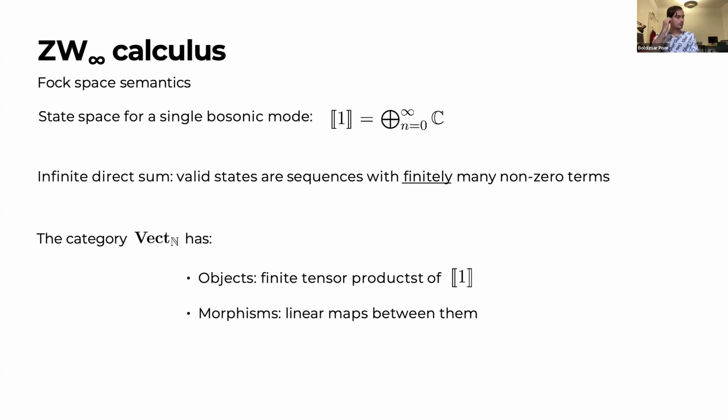An important restriction we have is that when we are talking about states, they need to have a finite support. What this means is that there must be finitely many non-zero terms in a state.